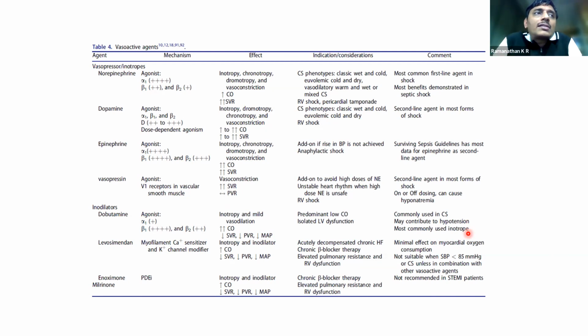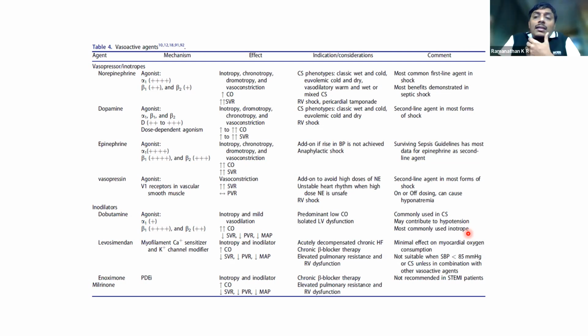So again, it's going to be managing the inotropy versus the afterload in a shock state. And sometimes you may not just use one agent, you might have to use a combination of agents as well. So sometimes dobutamine and noradrenaline might need to be run simultaneously so that the vasodilatory action of dobutamine is equally balanced by the norepinephrine.